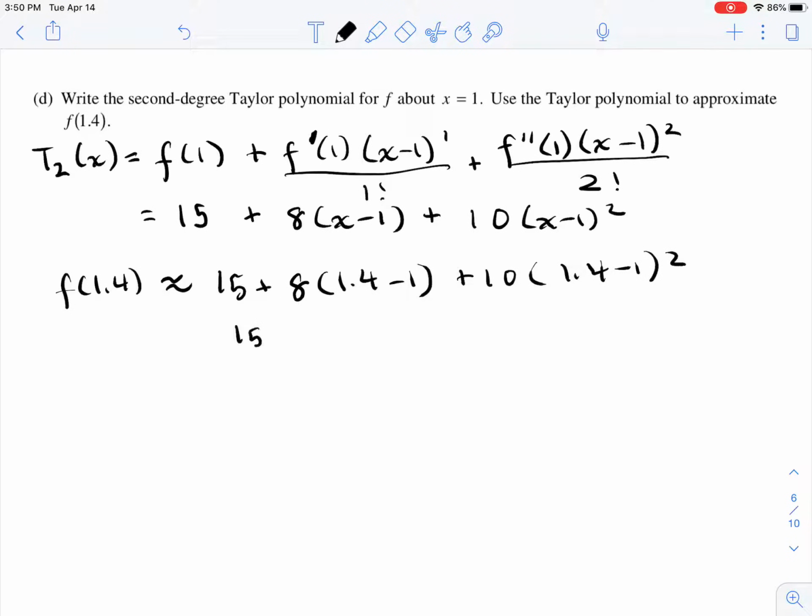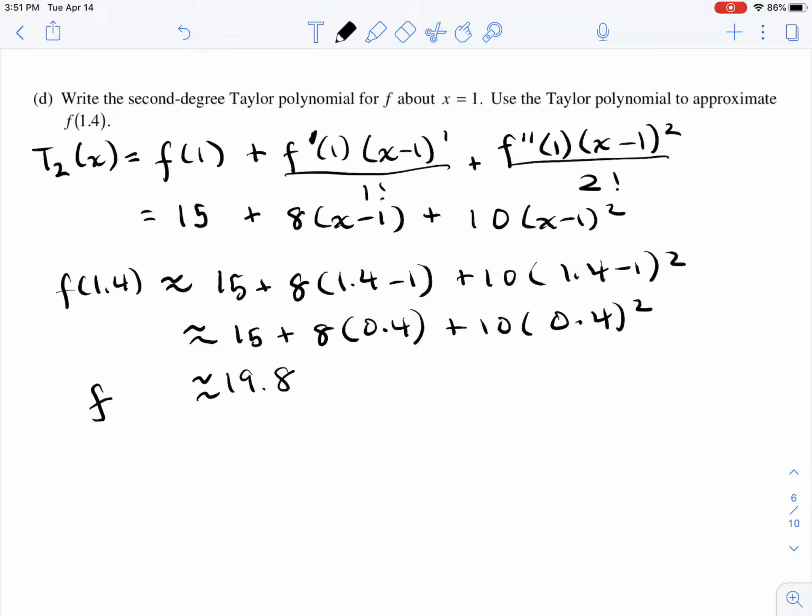It's approximately 15 plus 8 times 0.4 plus 10 times 0.4 squared. And just crunching some numbers, that's 3.2. All of that should give us approximately 19.8. So might as well just bring that down. And there's our final approximation of what f of 1.4 is.